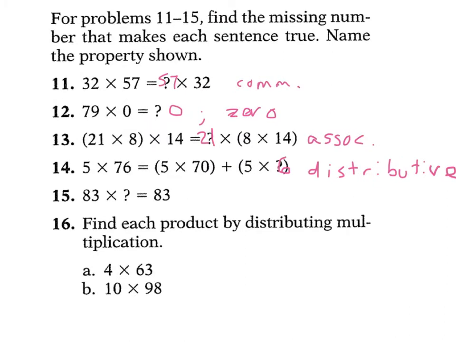And then 15, 83 times what is equal to 83? 83 times 1 would be equal to 83, and this is the identity property.